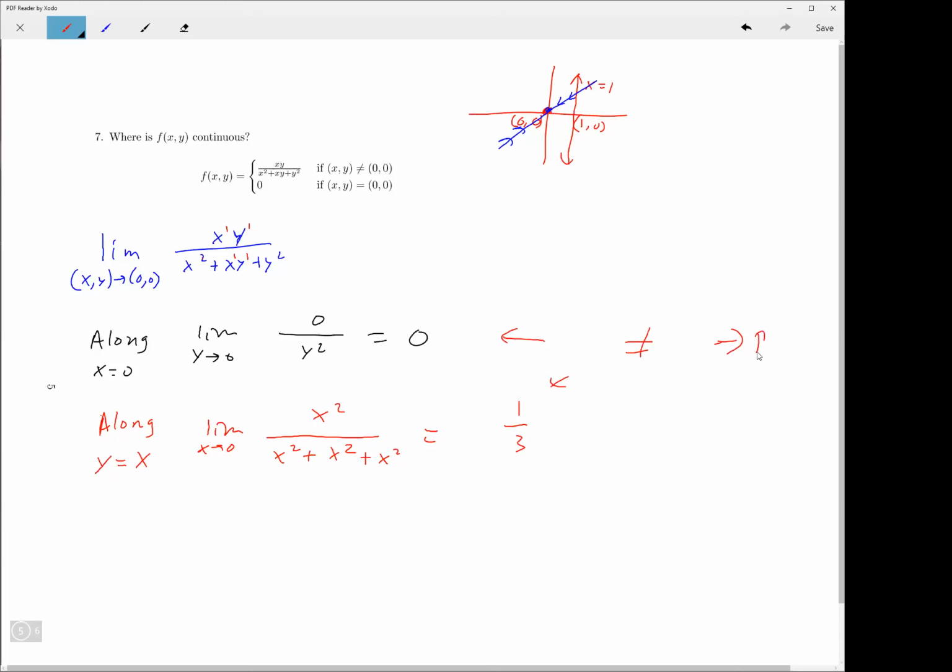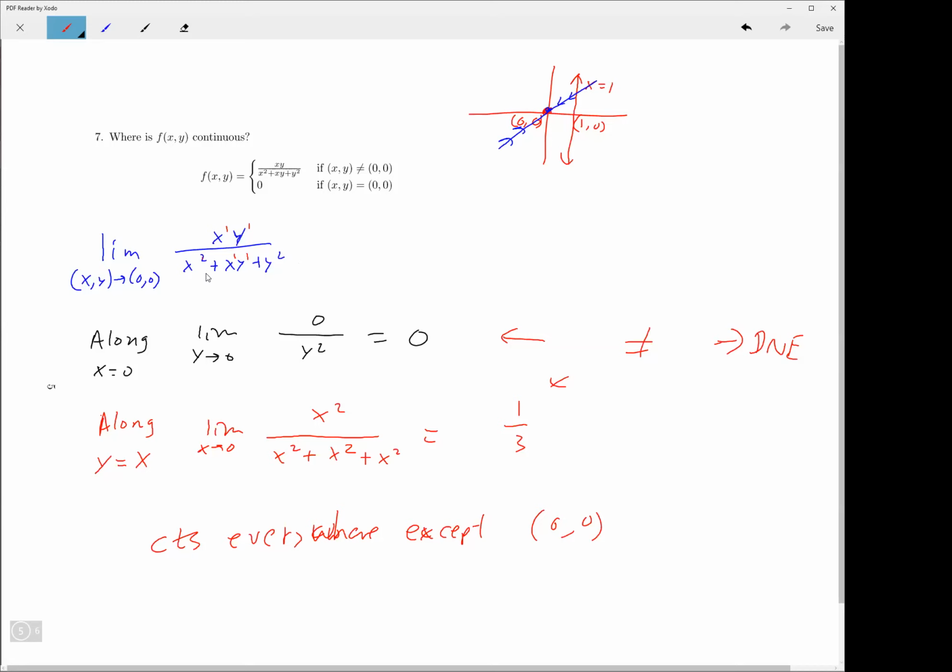That means it's continuous everywhere except at 0, 0. Because this is never going to be 0. This is always going to be greater than or equal to 0, and the only way it's 0 is if x and y are both 0.